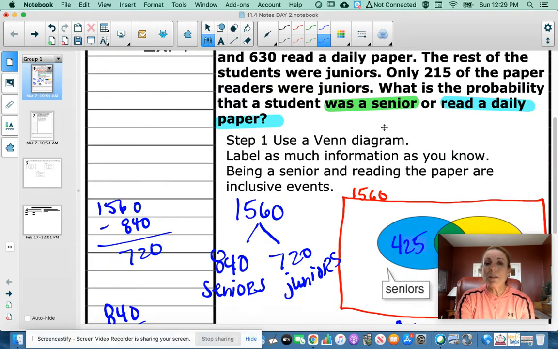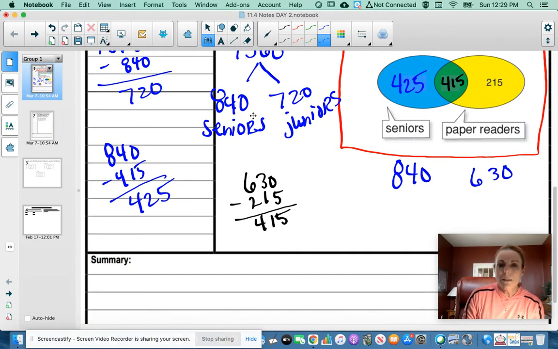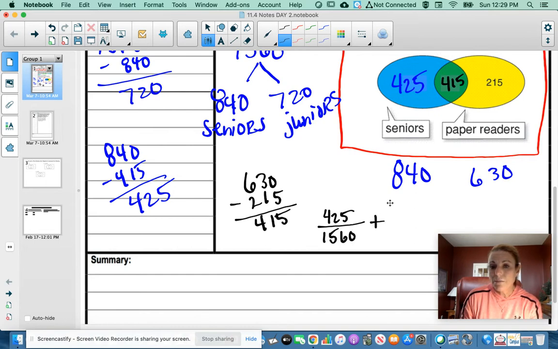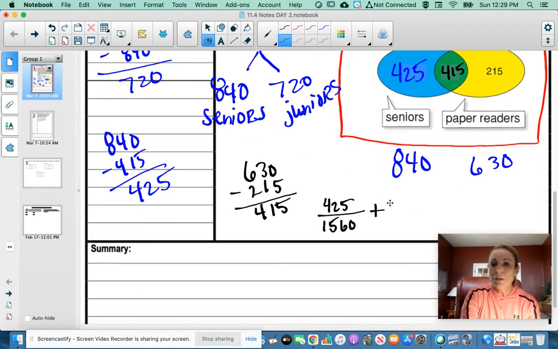So the probability that a student was a senior, well, 425 are seniors out of 1,560, or read a daily paper. Well, how many people are reading a daily paper? 630 out of 1,560, and we subtract off the overlap.